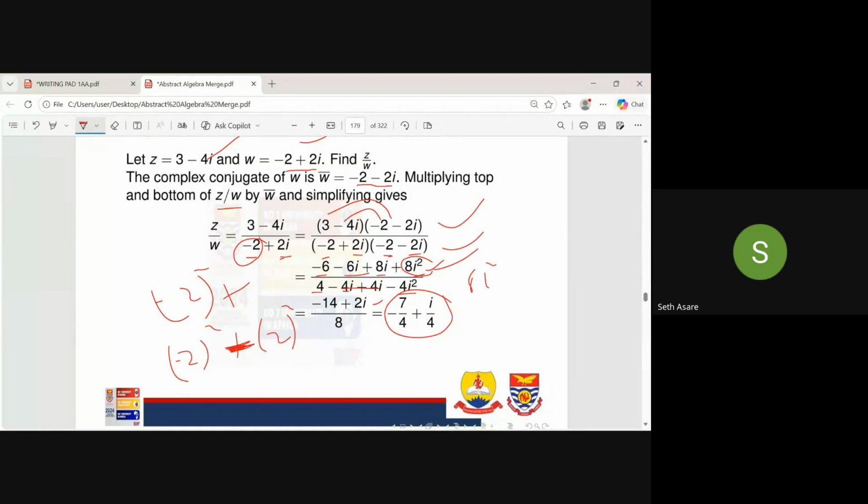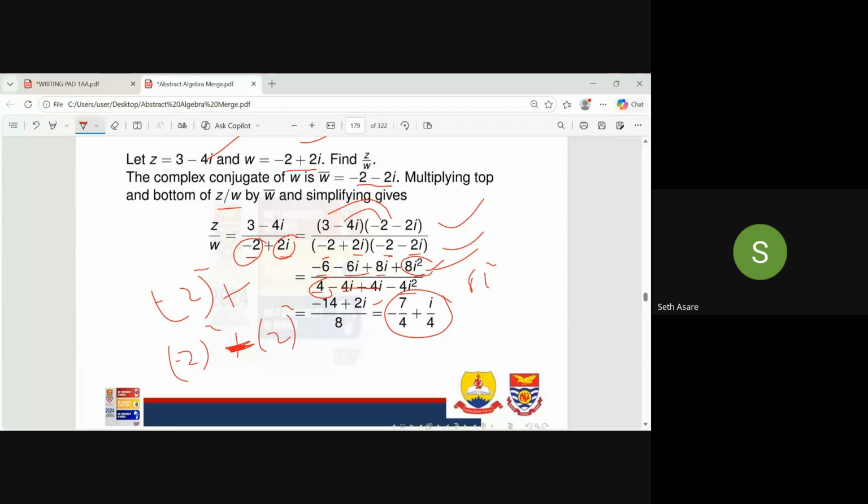You see, if you are not using the i, when you are dealing with that one, the negative works. But when we are dealing with this one, look, because there is i attached to it.